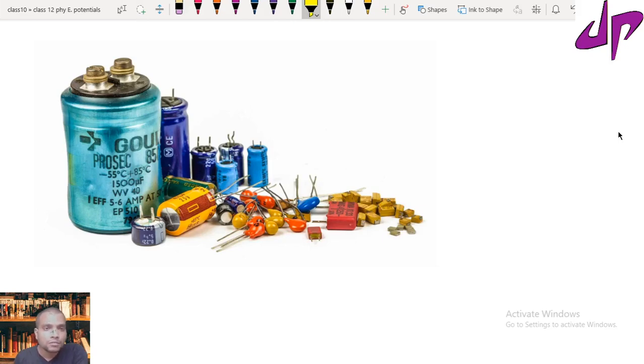Today I would like to derive the mathematical expression for the capacitance of a capacitor. Let's recall capacitors. Here we are seeing DC capacitors. A capacitor is a charge storage device.